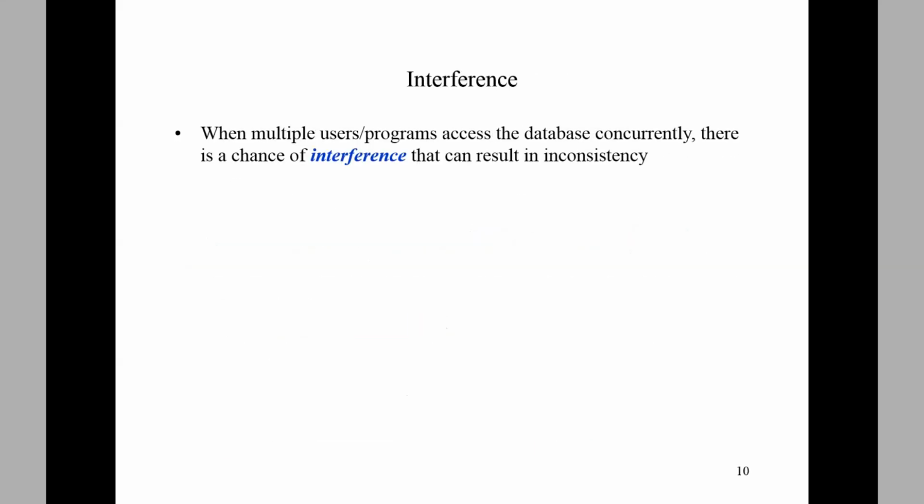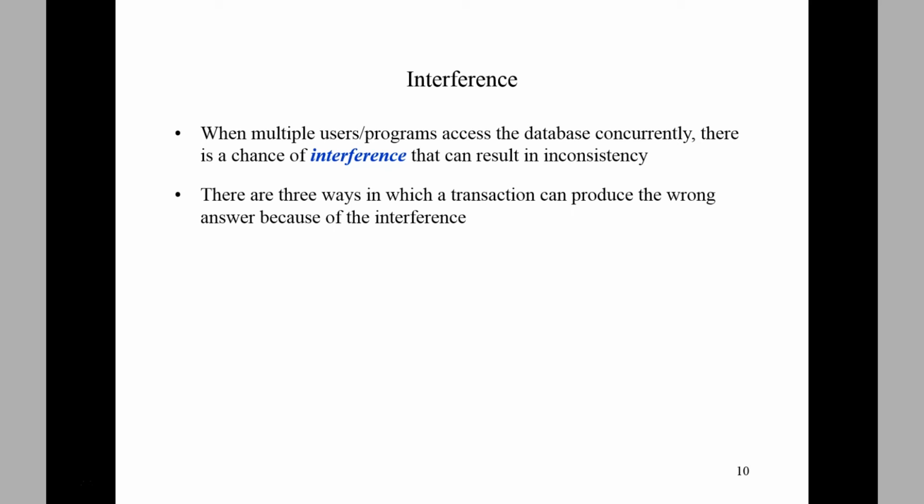When multiple transactions are executing, there's a concern that one transaction will attempt to perform operations that could interfere with the operations of another transaction or application. So this interference can result in data inconsistency.